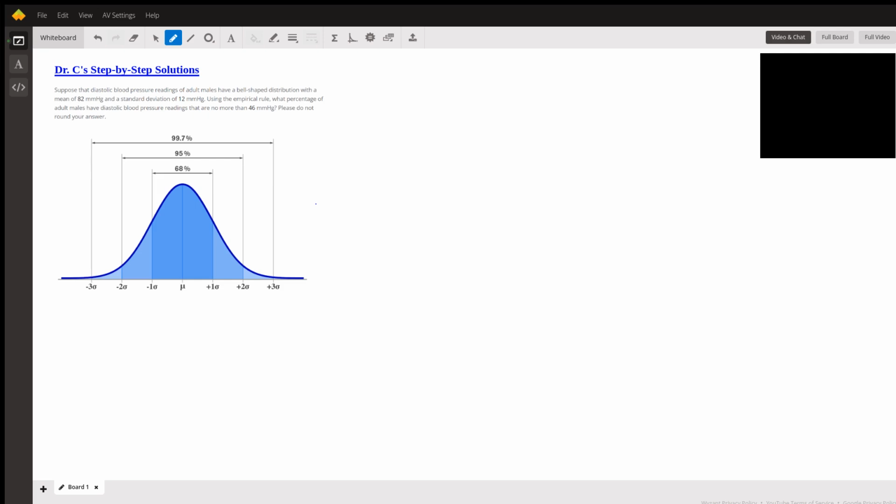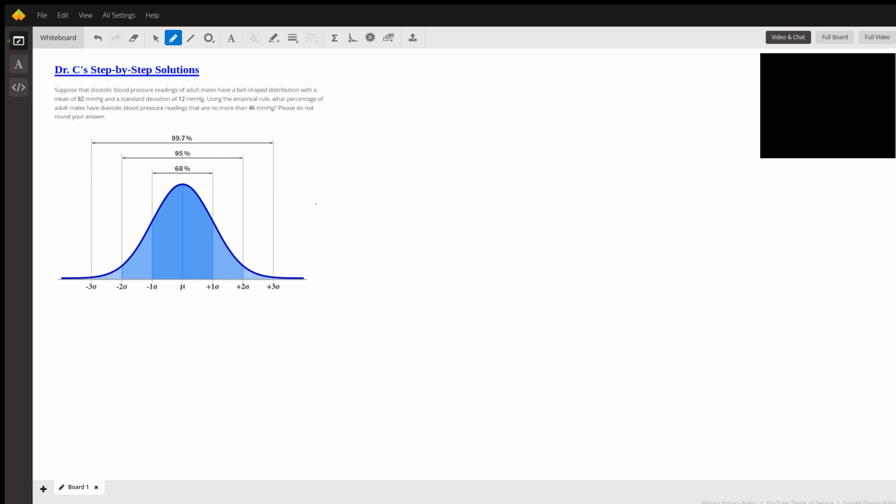Before we start solving this, it's important to talk about the empirical rule. It is also known as the 68, 95, 99.7% rule, and it has two parts. Essentially, it states that the larger your sample size, the more likely your data will look like a normal distribution.